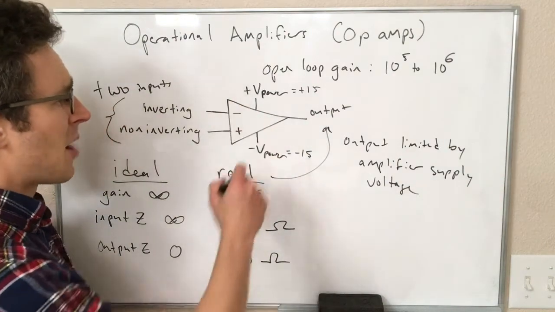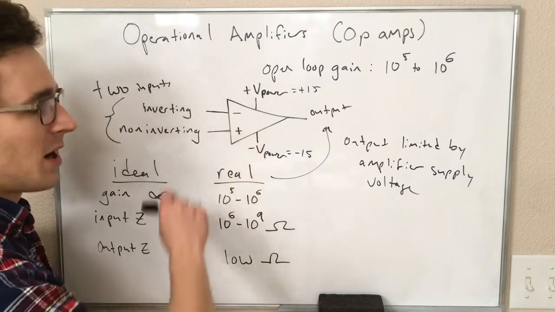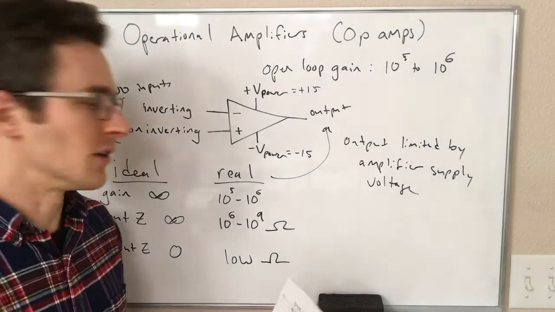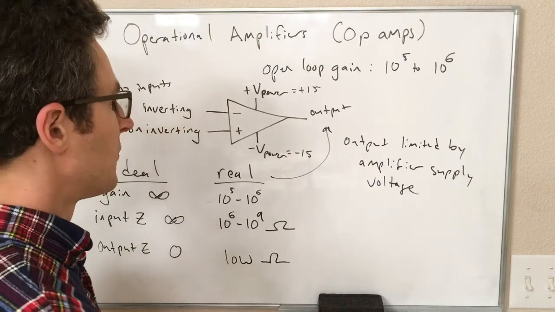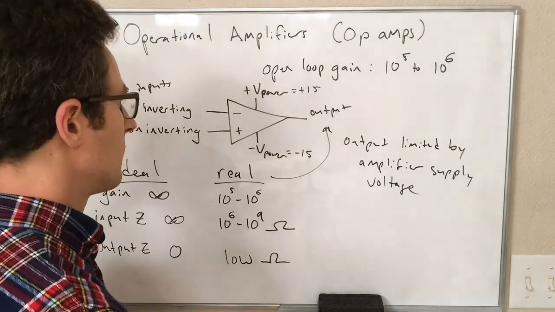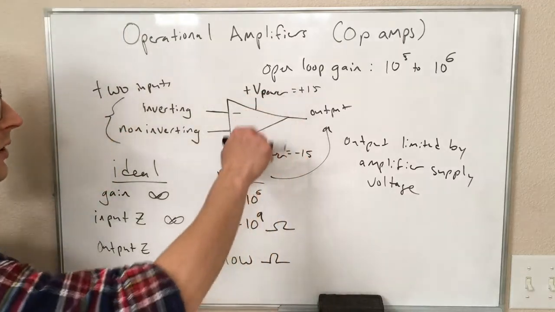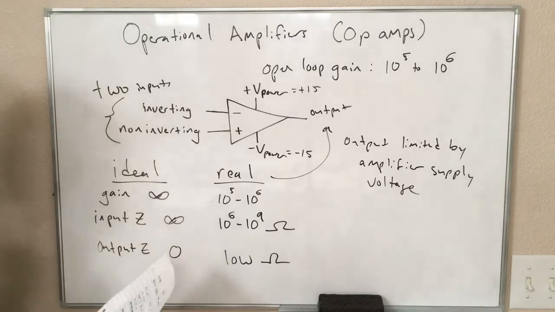You can buy fancy op amps called rail-to-rail op amps that can go all the way to the negative and positive power supply voltage. They cost a little bit more money, so we don't use them if we don't have to. So the output has to stay between those two supply voltages.